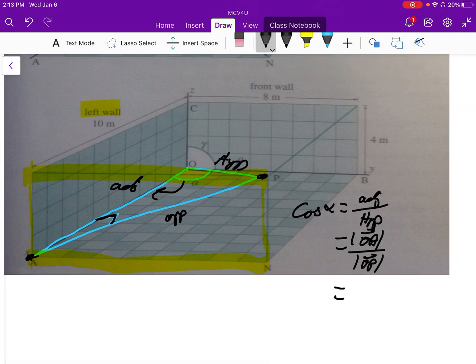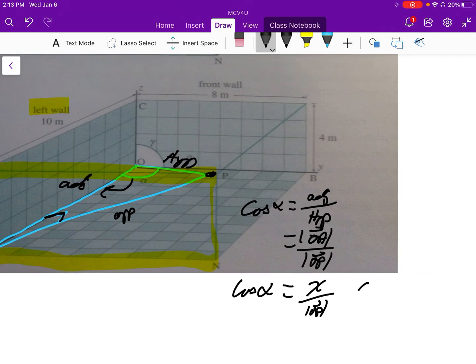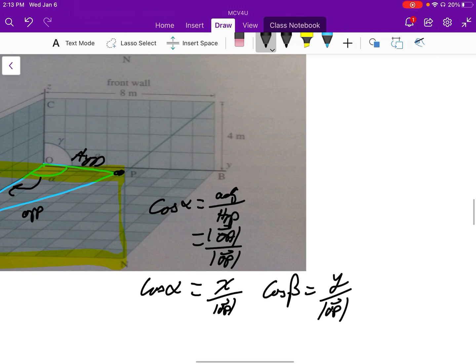So basically, the cos alpha is x over the magnitude of the vector in question. Similarly, if we're looking at beta, cos beta is y over the magnitude of OP. And finally, cos gamma is z over the magnitude of OP.